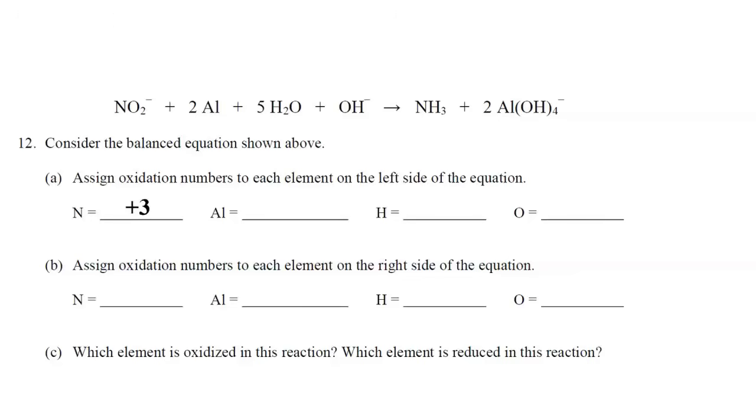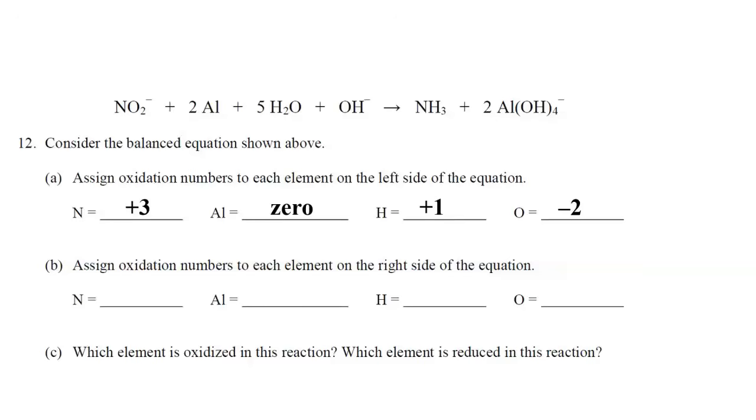Then we have aluminum, which exists as an element on the left. That's going to be 0. Hydrogen is +1 in water and in the hydroxide ion, and oxygen is -2. So +1 for hydrogen, -2 for oxygen. Now, let's assign oxidation numbers to each element on the right side of the equation.